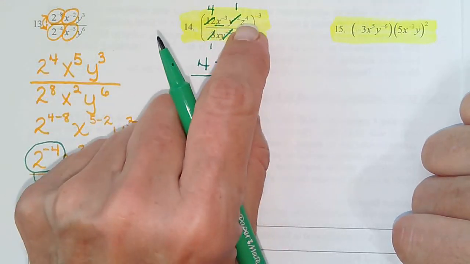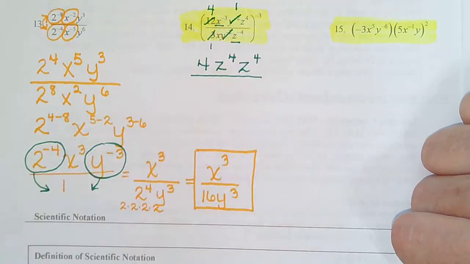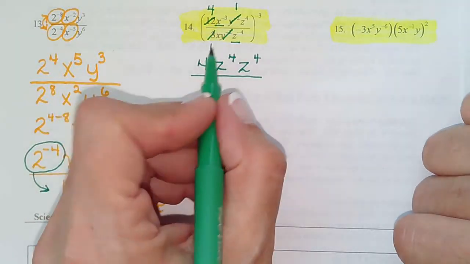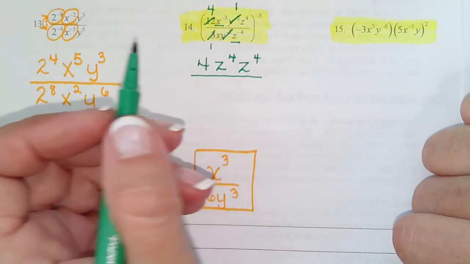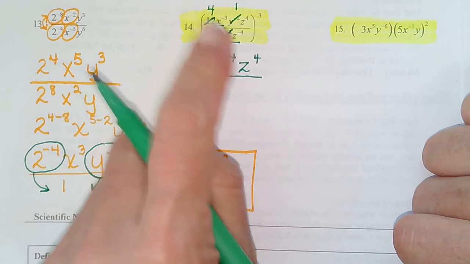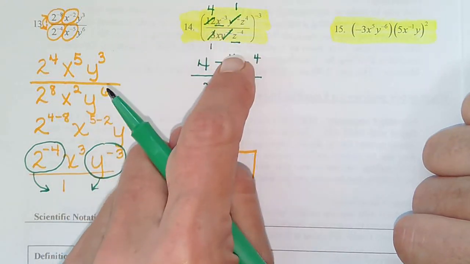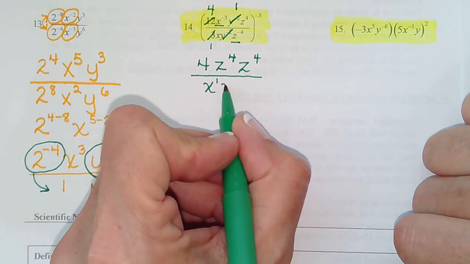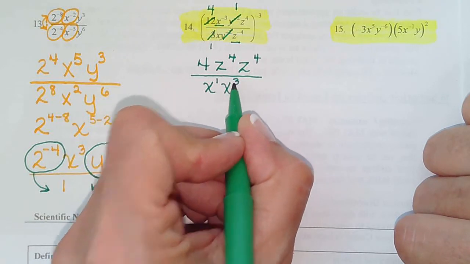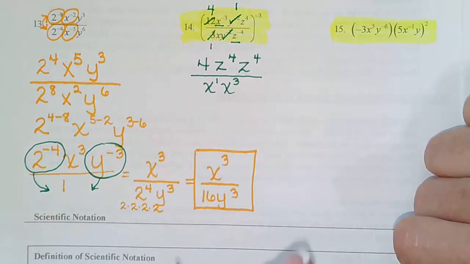So now I have the z to the 4th that was already there, and this z to the 4th up with it. In the numerator, I have the 1, which I don't need to write, and then I have x, and I'm just going to put an exponent on it. It's x to the first, and this x needs to move down, so that becomes x to the third, and this z already went away and went up there.